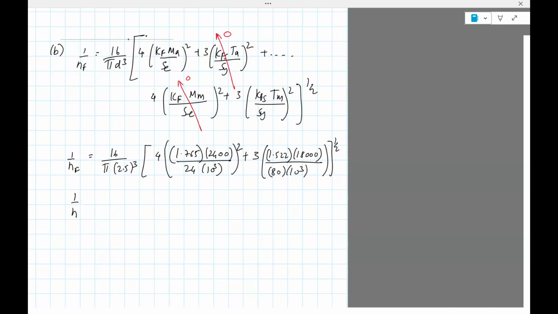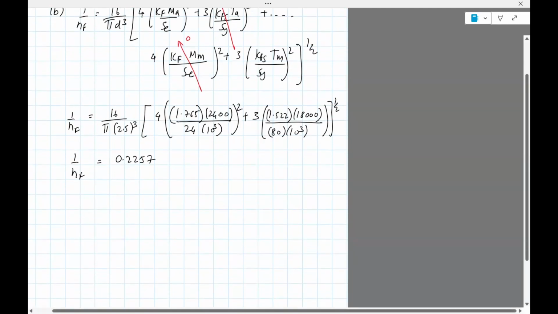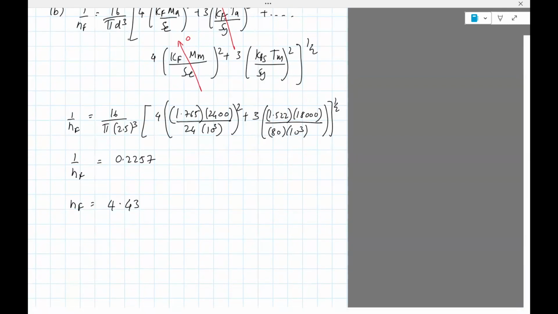So this gives 1 divided by Nf is 0.2257, and then Nf is 4.43. That's the answer.